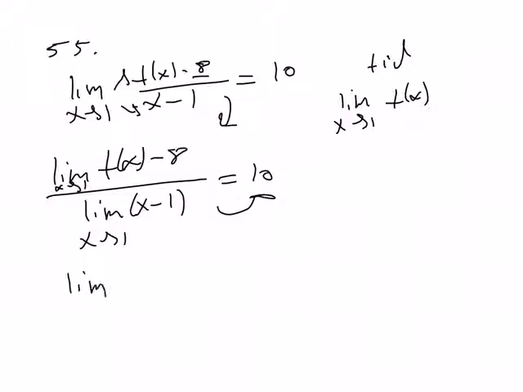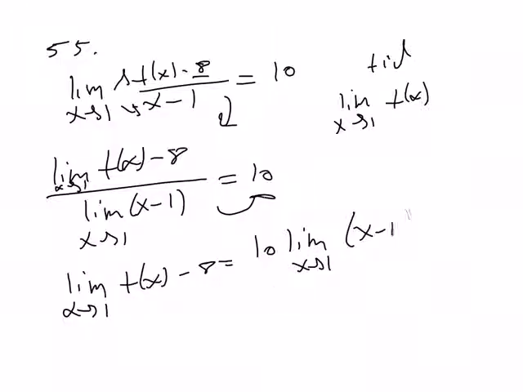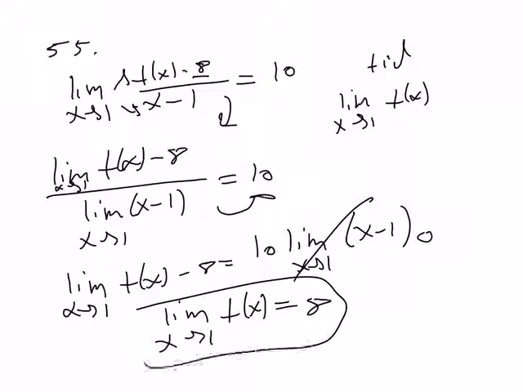We get the limit as x goes to 1 of f(x) minus 8 equals 10 times the limit as x goes to 1 of x minus 1. And then this is just 0. We move the 8 to the other side, so we get the limit as x goes to 1 of f(x) equals 8. And that is our answer.